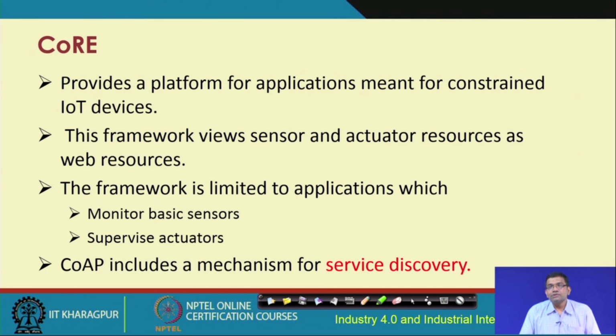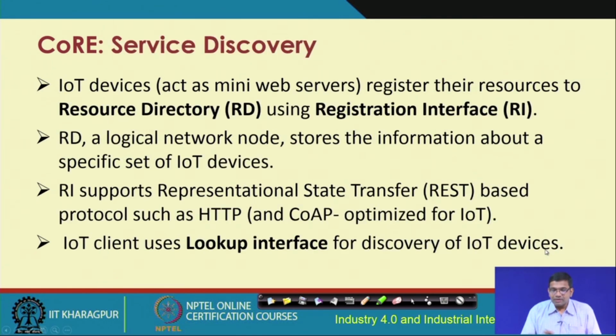So, this framework views sensors and actuator resources as web resources. The framework is limited to applications which monitor basic sensors and supervise the actuators. So, CoAP includes a mechanism for service discovery, and it is this service discovery that makes it very interesting. So, let us look at the service discovery aspect of CoRE.